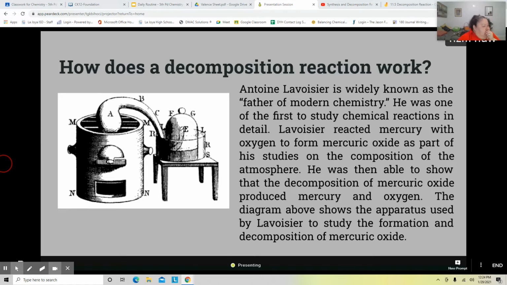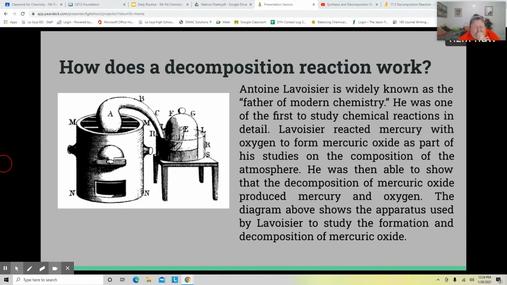Lavoisier reacted mercury with oxygen to form mercury oxide as part of his studies on the composition of the atmosphere.